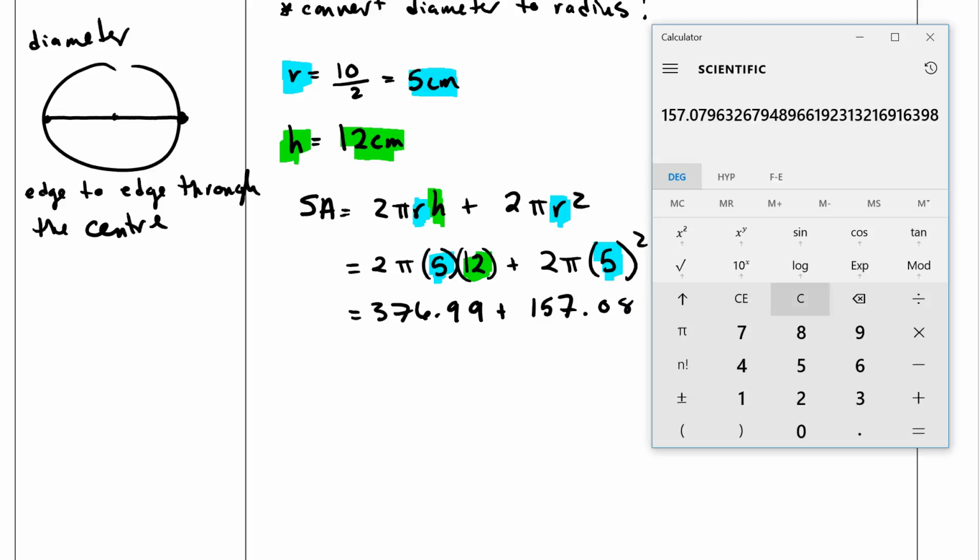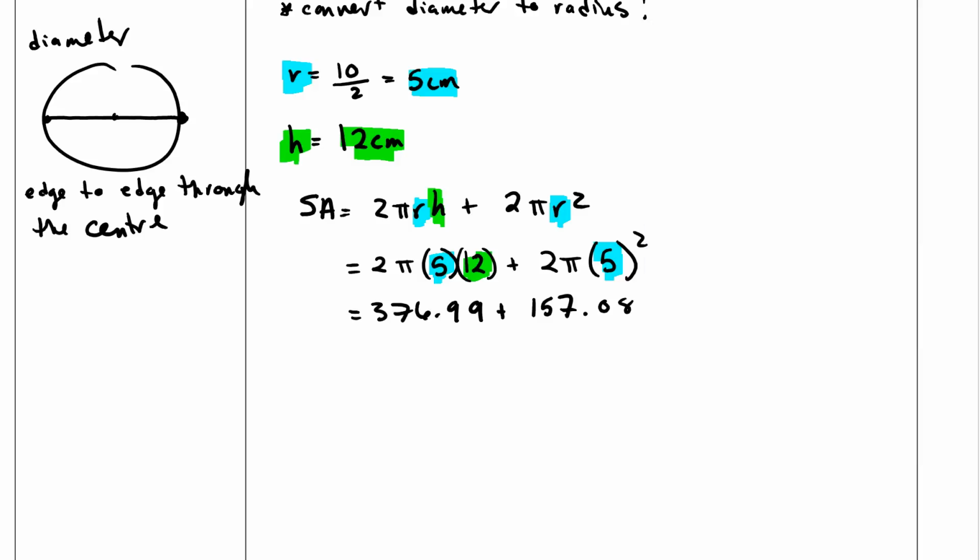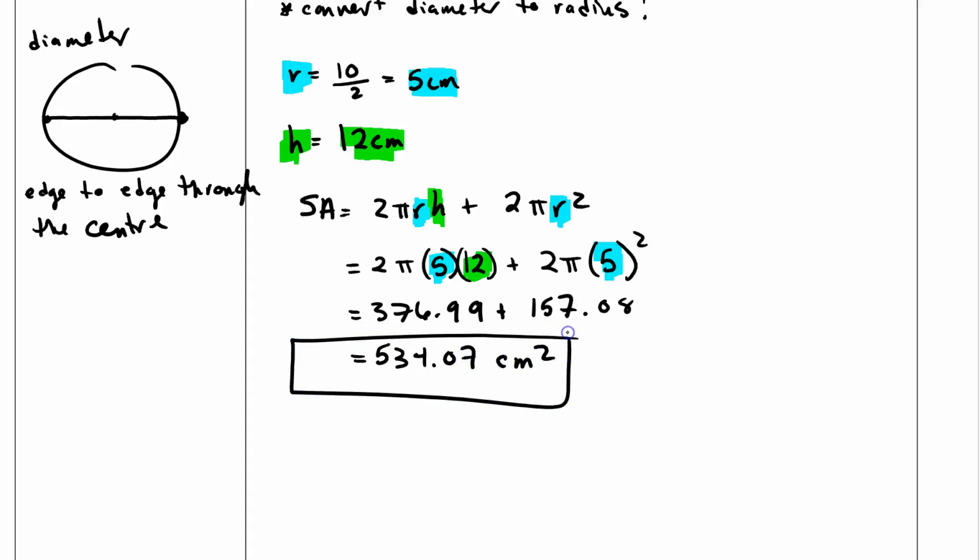We want to add those things together, so 376.99 plus 157.08 equals 534.07. And don't forget your units, centimeters squared. Put a box around it because I like my teacher / I like myself. And there you have it.